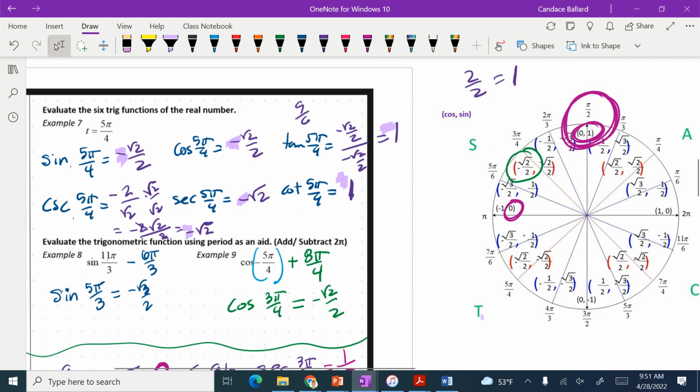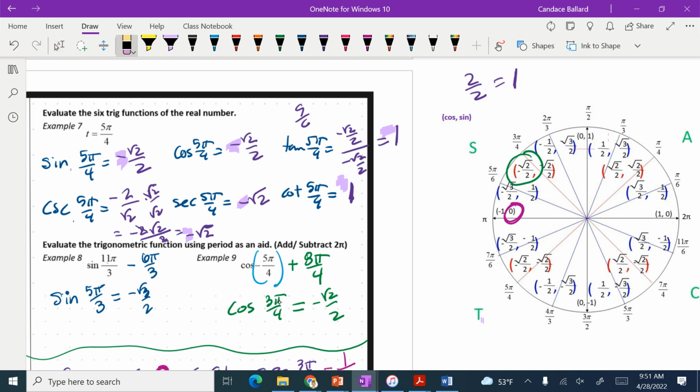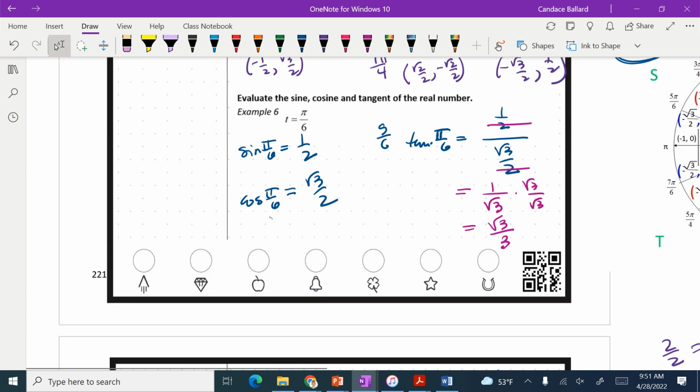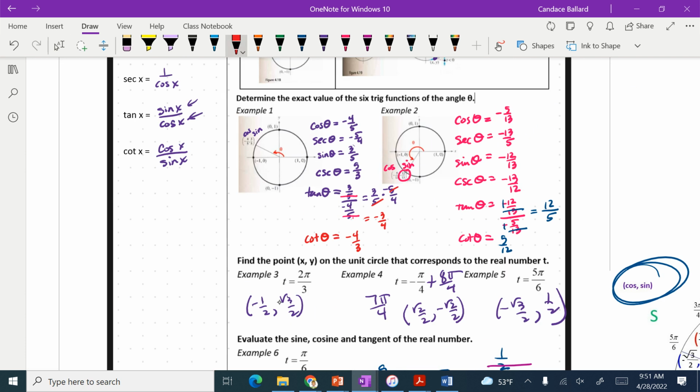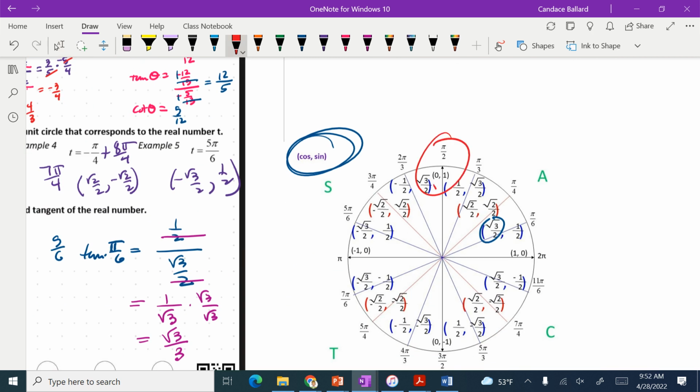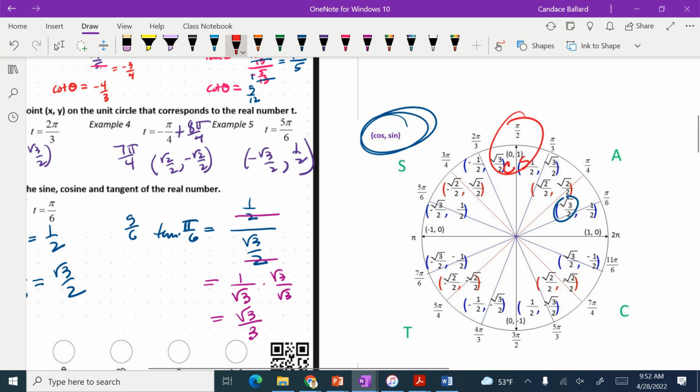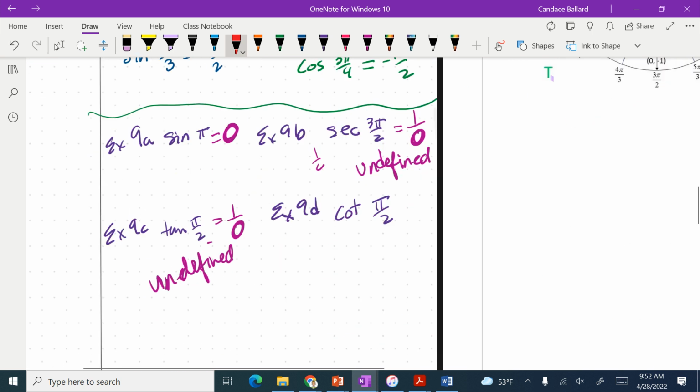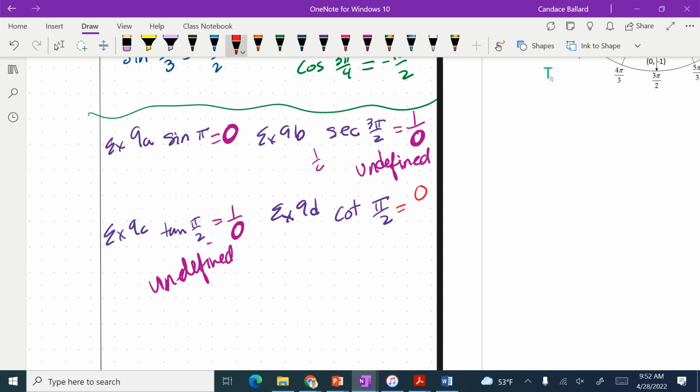So I'm at pi over 2 again, up at the top, right? If I didn't have the cotangent value or the tangent value, remember cotangent is cosine over sine. So I'm going to still use this. I'm going to do the cosine on top and the sine on the bottom. So cosine is 0, sine is 1.